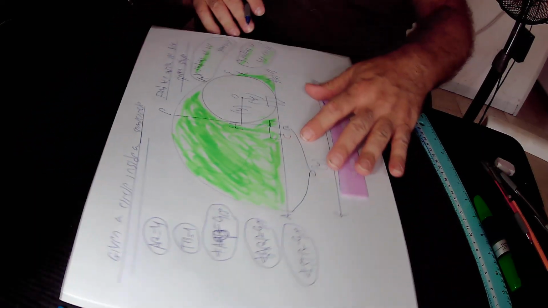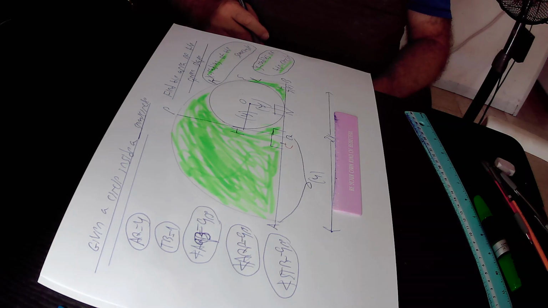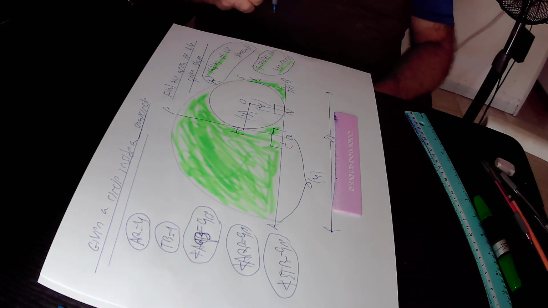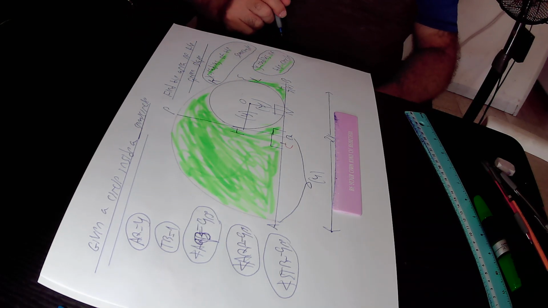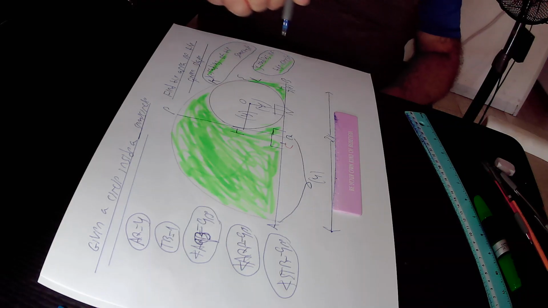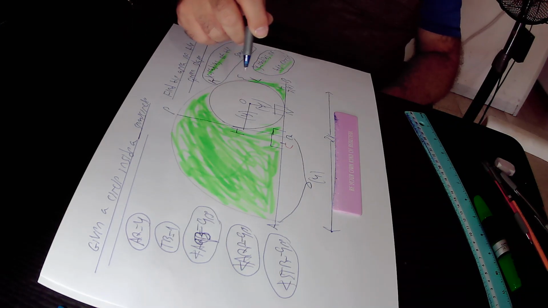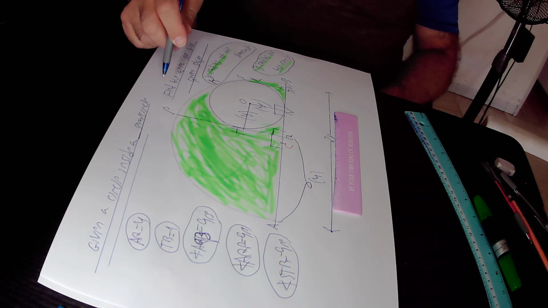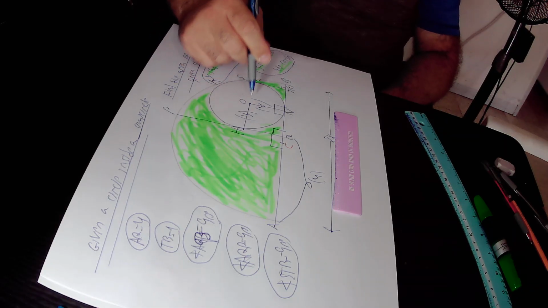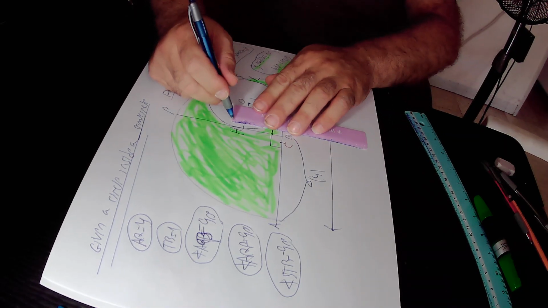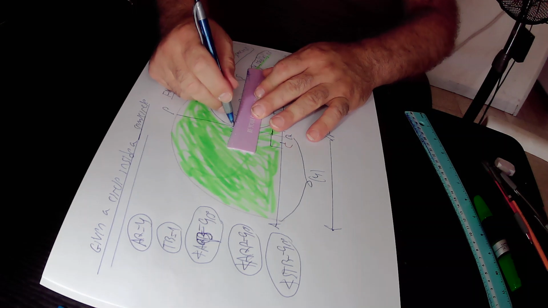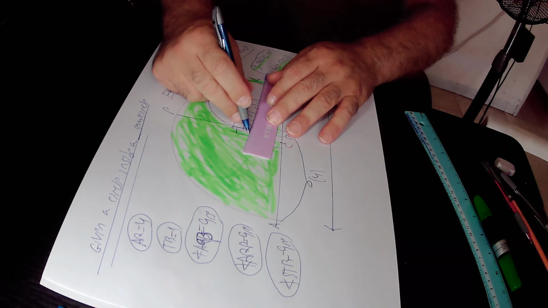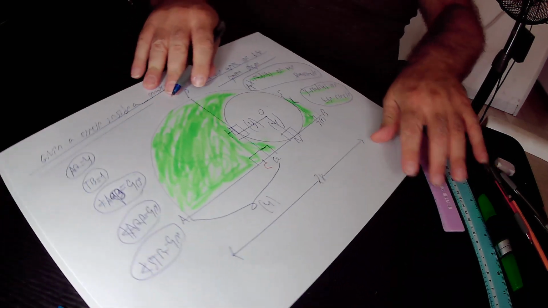The radius OH that is equal to y is drawn to point H, that is the point of tangency of tangent PQ with this small circle. And whenever you have a radius that is drawn to the point of tangency, then tangent PQ will be perpendicular to the radius OH. If PQ is perpendicular to OH, it means that this angle equals 90 degrees, and this angle also equals 90 degrees according to the sum rule, rule 1.